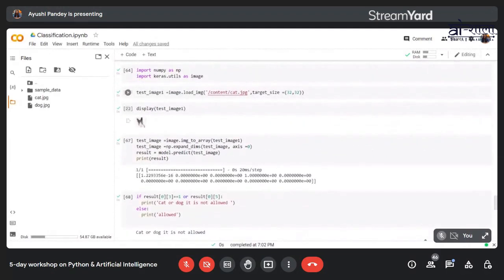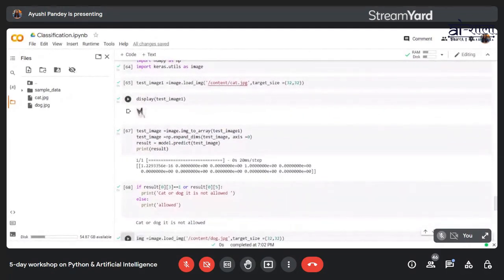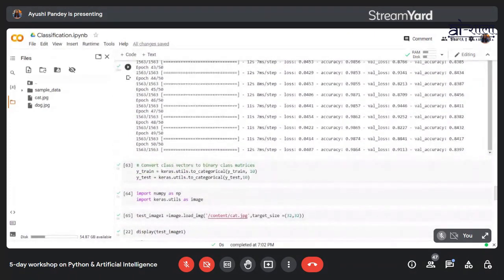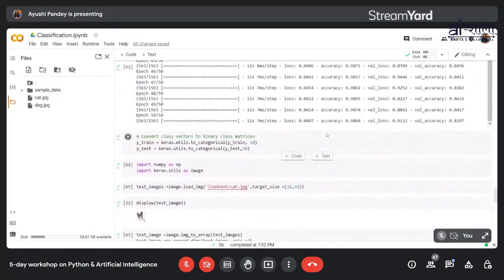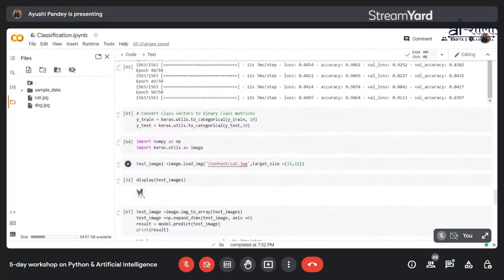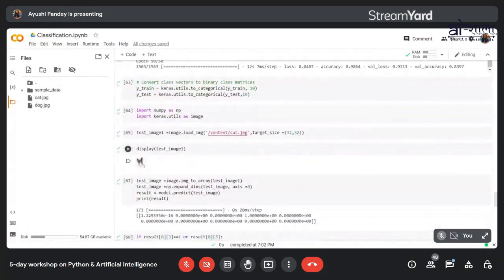It was trained for 50 epochs, it was run 50 times, and the accuracy is 98%, meaning 98% of the time it will tell me the right answer.